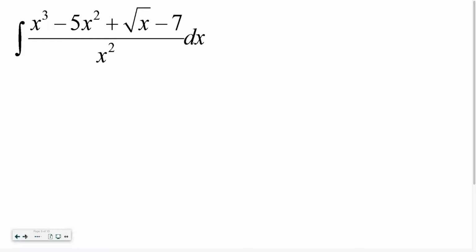What do we need to do? This is like x to the negative 2. So whether you write it as a product or we just do the division right now, we need to write this as 4 individual terms. What is x cubed divided by x squared?